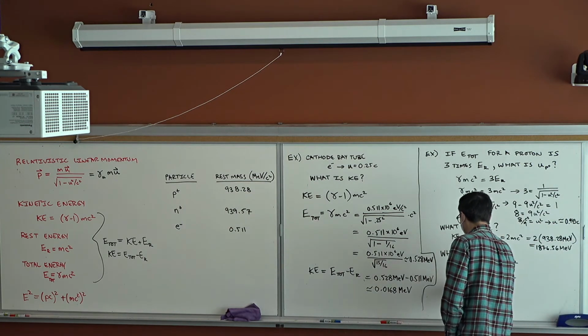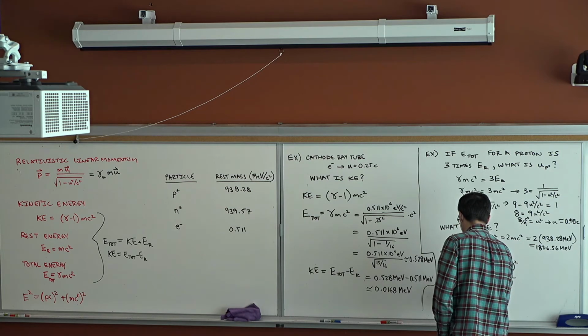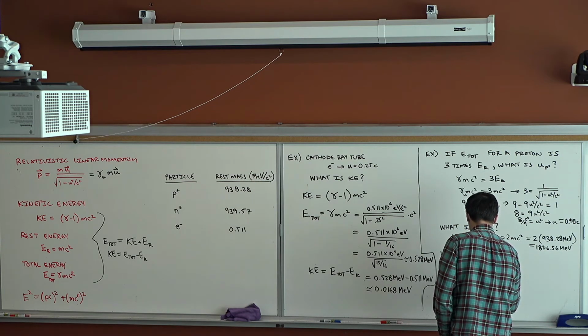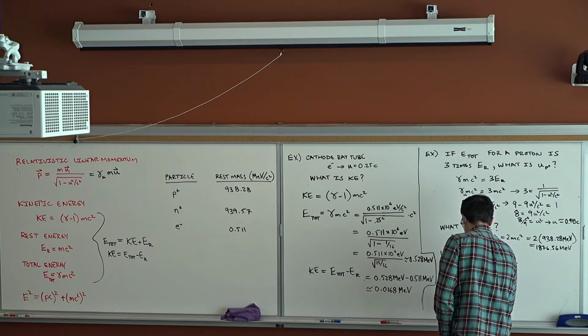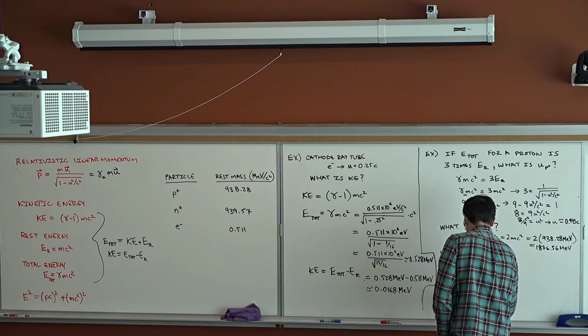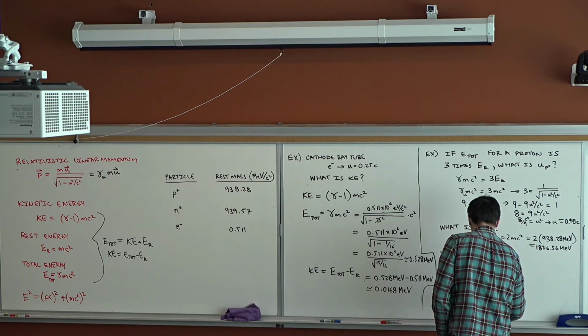So this winds up being 9 E_R squared minus E_R squared, which is 8 E_R squared, equal to (PC) squared.